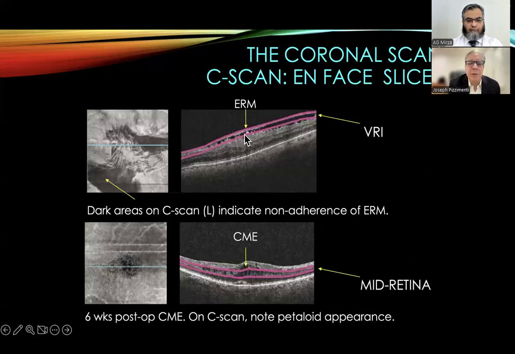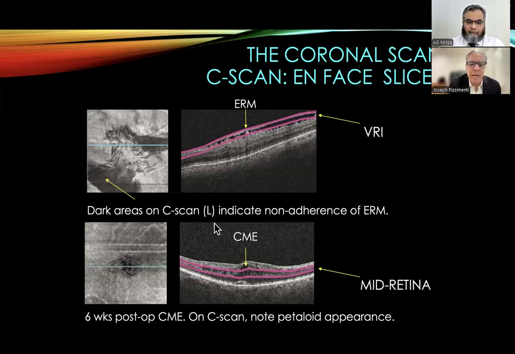For instance, here is an epiretinal membrane as we zero in on the vitreoretinal interface. And if we look at our en face slab, we can clearly see the striations here. And we could also see the dark areas, which indicate partially non-adherent epiretinal or epimacular membrane.